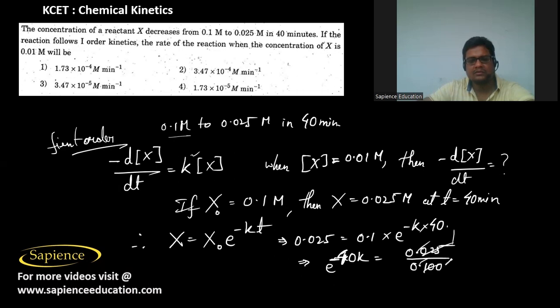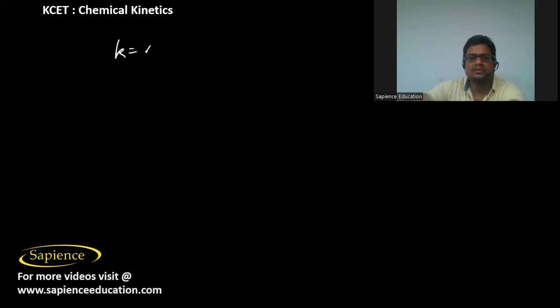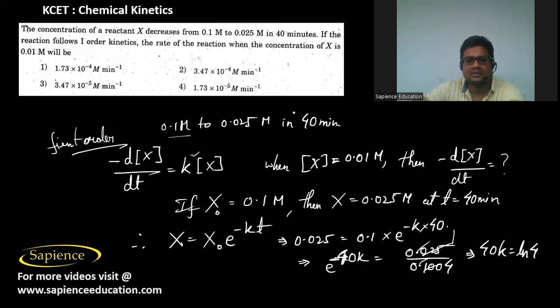So 25 4s are 100, so 40k equals ln4. Therefore k equals ln4 by 40, which is 2 ln2 by 40, so k equals ln2 by 20.